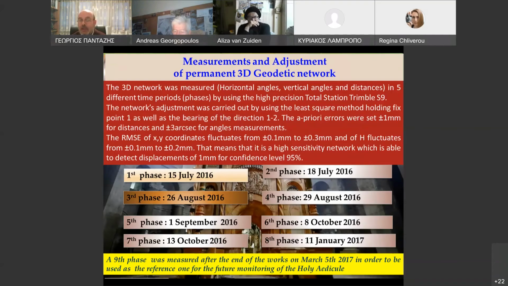That means that this network had high sensitivity, which is able to detect a displacement of 1 millimeter at a confidence level of 95%.